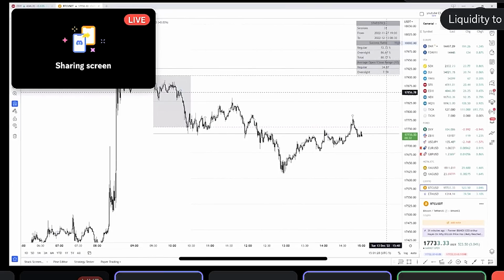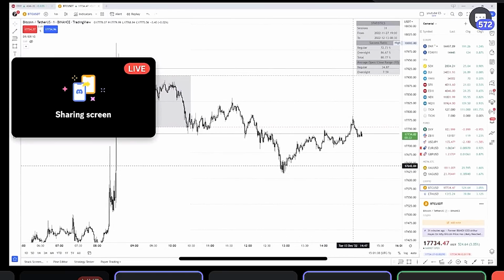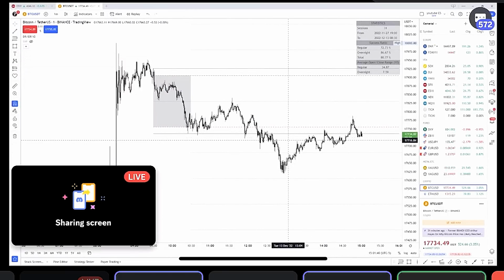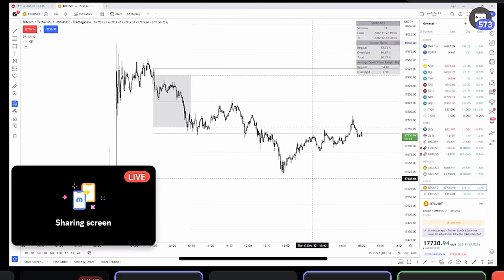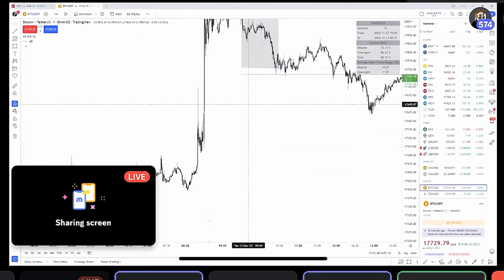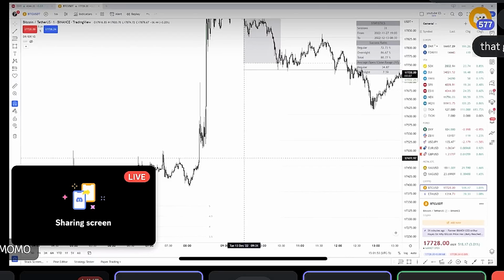If you take out the really important news, it will still be around 75 to 80% overall, and even a little bit higher. What you see in crypto is simple: algos do what they do, and they do the same when we have news events. They sweep both sides, and that's just liquidity collected. Normally the first one is the fake, the second one is the real direction. It's as simple as that.